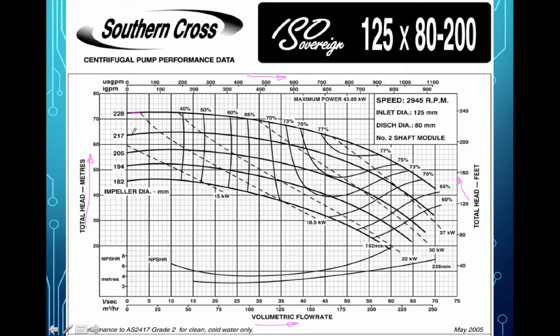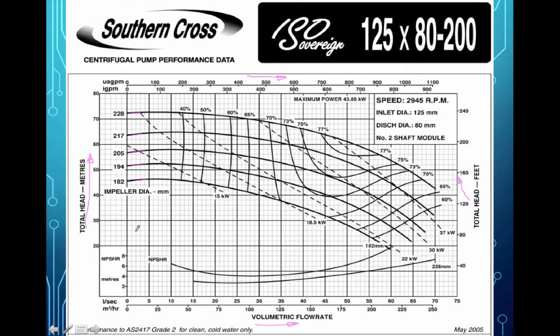Each of these curves that I'm highlighting right now corresponds to a different impeller diameter. Generally, the pump housings, or in this case, I'm calling them shaft modules, those don't change. And the way you change performance is you change the size of the impeller until you get one that can't fit inside the housing. Then you've got to use a different housing.